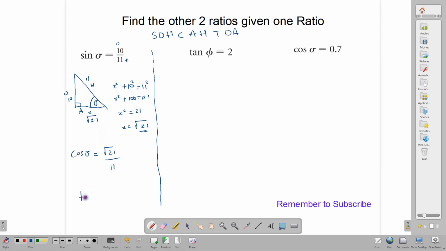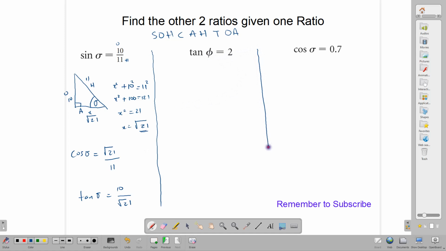And the tangent of that angle is going to be equal to the opposite side divided by the adjacent side, which is 10 over the square root of 21. So if a CXE question gives you one ratio, say sine phi is equal to 10 over 11, and asks what is the value of cos phi or tan phi, then you can actually find the number.